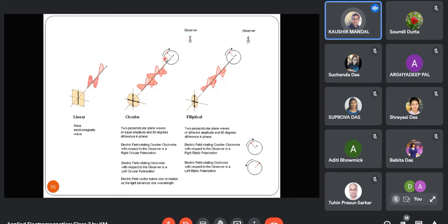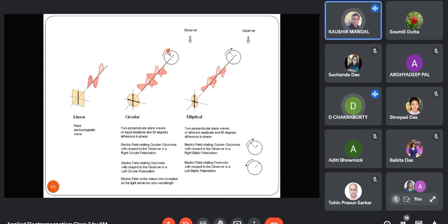So in this figure, the arrow is showing, from our point of view, what will be the sense of this rotation. Is it clockwise or counterclockwise? Counterclockwise. Right.